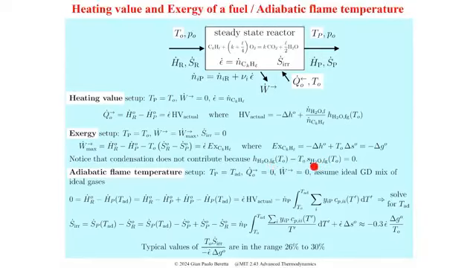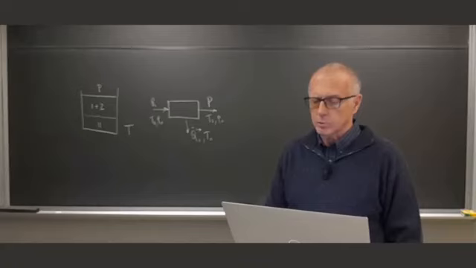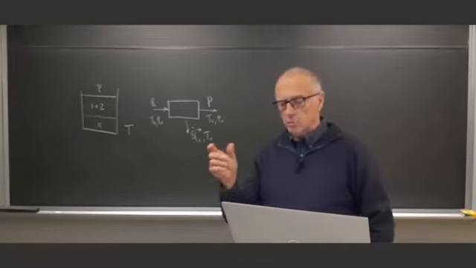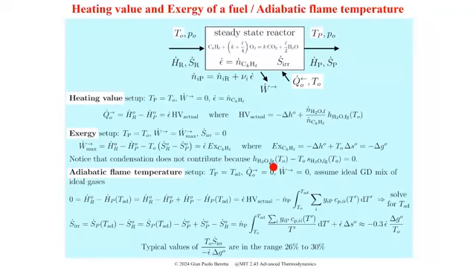For a pure substance, you have this identity that h_fg is equal to T s_fg at every temperature because of the condition of mutual equilibrium between the liquid and the vapor. So these two contributions cancel out. So this negative delta G does not have contributions from condensation. So the condensation doesn't play a role in the exergy of the fuel.